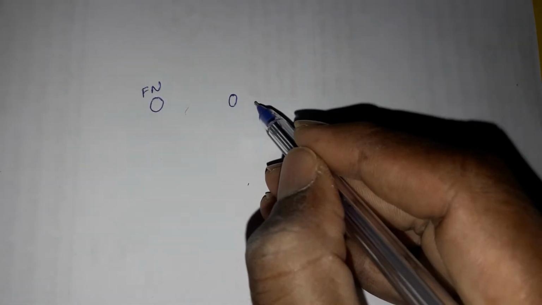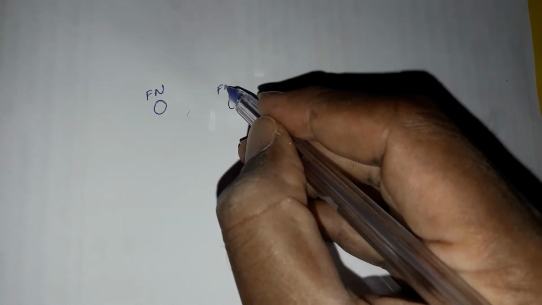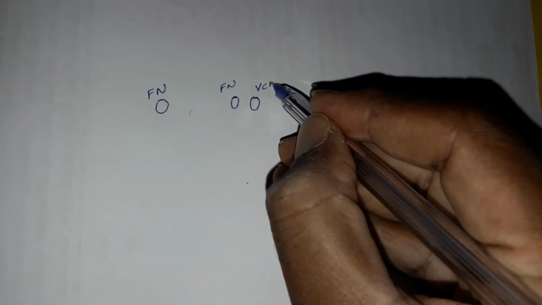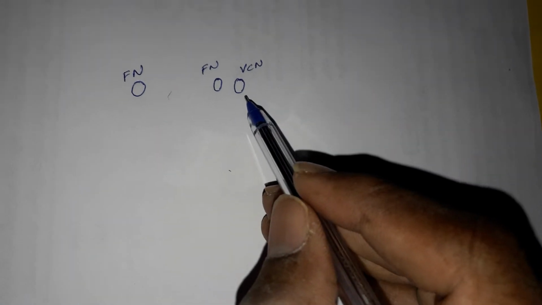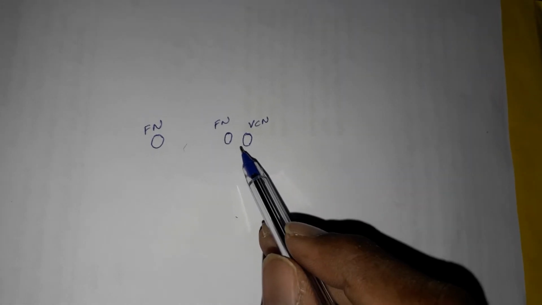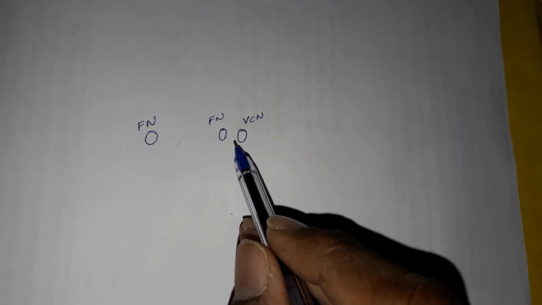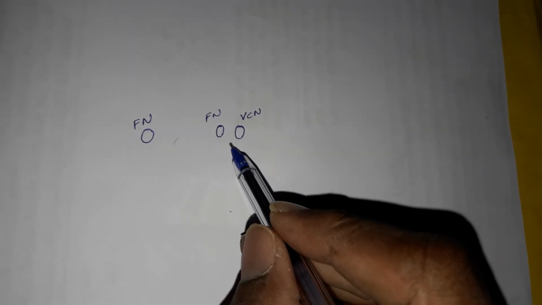Next is facial nerve and vestibulocochlear nerve. Facial nerve and vestibulocochlear nerve, which means in this, vestibular nerve is there and the cochlear nerve is there. This is vestibulocochlear nerve dysplasia. So we call it vestibulocochlear nerve dysplasia, the second one.